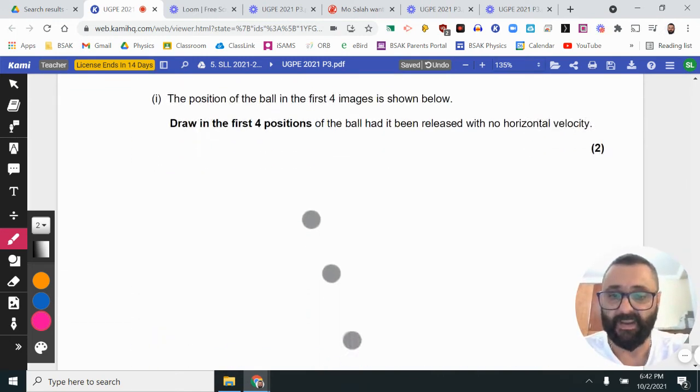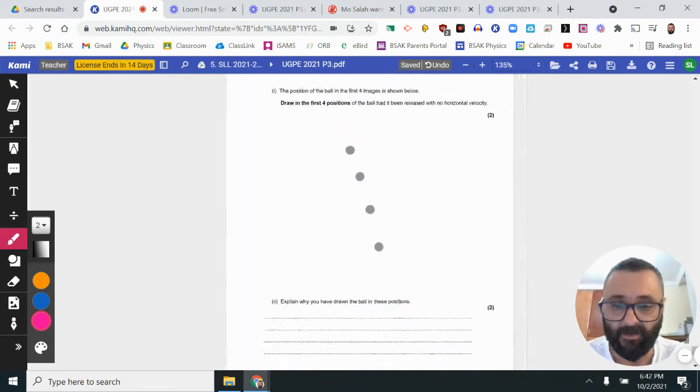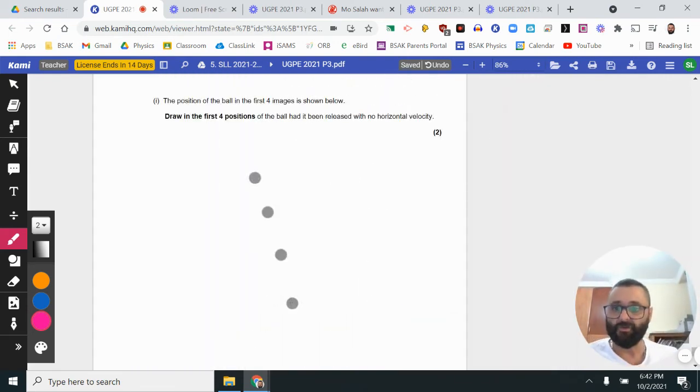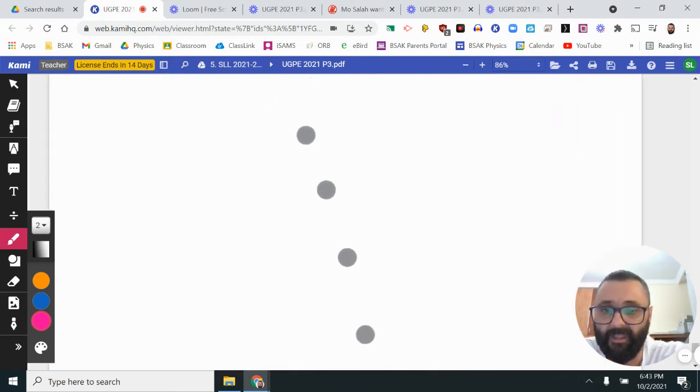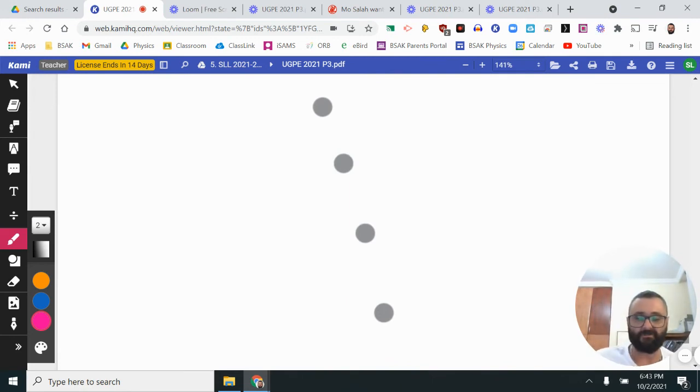And finally, here we go, almost. Draw the first 4 positions. Right, if there's no horizontal velocity, it's just going to drop vertically downwards. The reason is because vertical and horizontal motion in any projectile are totally independent of each other. So that will drop with exactly the same vertical acceleration.